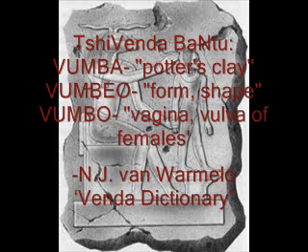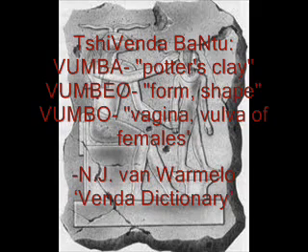But the most important element in the Shivenda language is the word vumbo, V-U-M-B-O, and it means vagina, or basically female reproductive organs. So let's put it all together.